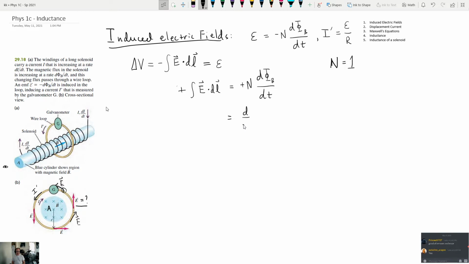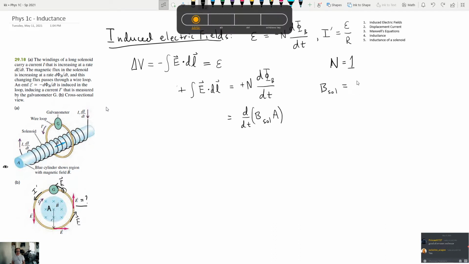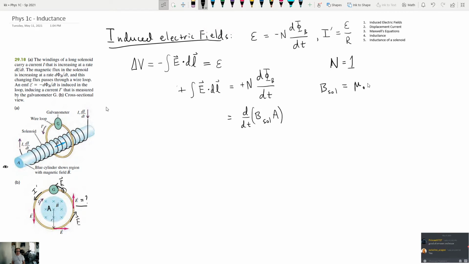For the flux, this is going to be the magnetic field of the solenoid multiplied by the area of the solenoid A. That's what the right-hand side is going to be, just B times A. And we learned in previous chapters that the magnetic field of a solenoid, that's this B by the way, is equal to mu naught times the number of turns per unit length of the solenoid multiplied by the current flowing in the solenoid.